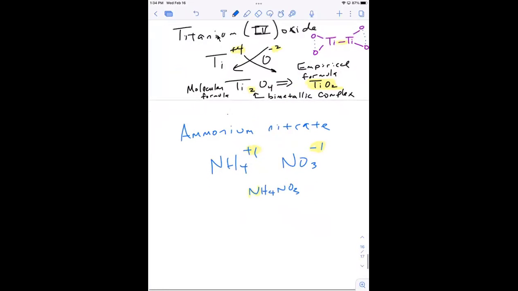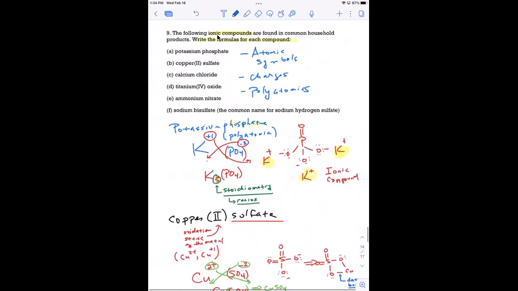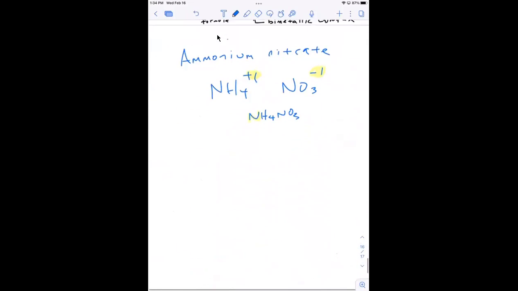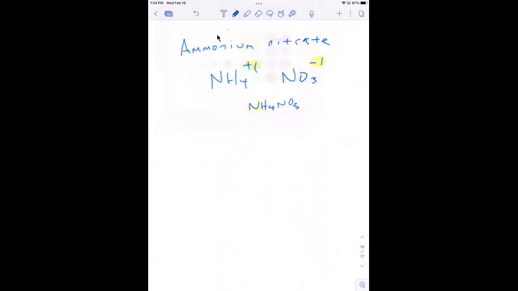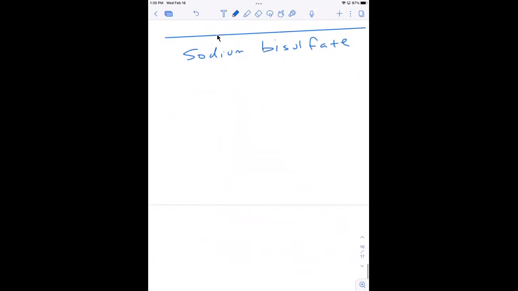All right, let's do the last one, sodium bisulfate. Can somebody look up the bisulfate polyatomic? And then somebody tell me what the symbol for sodium is. It's in group 1, and it's not SO or SD or SM. It's one of those elements that we talked about before.